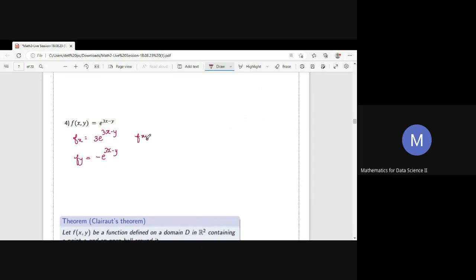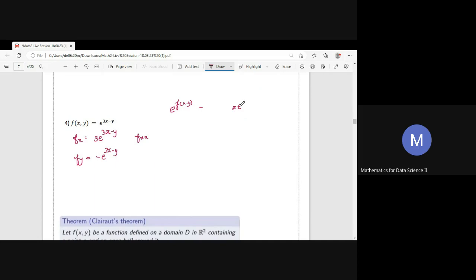And what is fxx? Okay, ma'am, I didn't get it. Why did you put minus e? Because here you are using the chain rule actually, right? What is the derivative of e power f of x comma y? The derivative of e power something is the same, right?